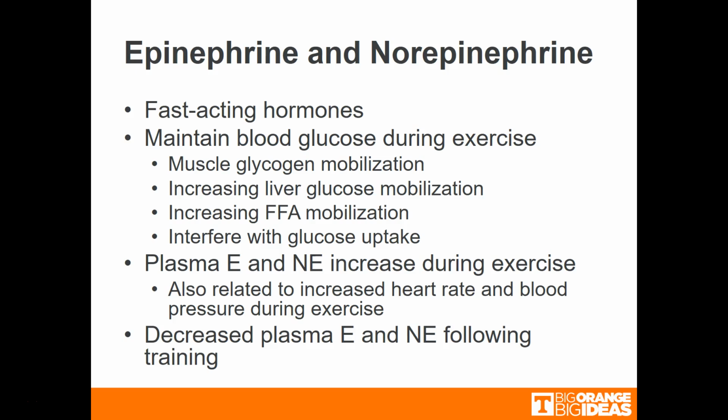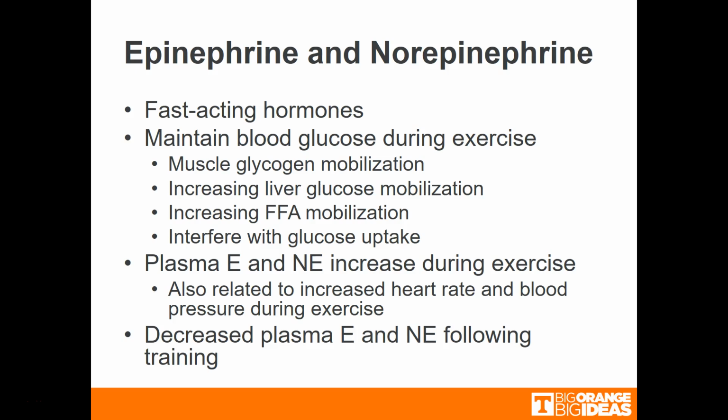As a training effect, you do see a decrease in how much epinephrine and norepinephrine are released after that training. So during exercise, as a natural progression through their training, if an individual trains at the same intensity every day, they become more economical. Their body's better at adapting to that activity.